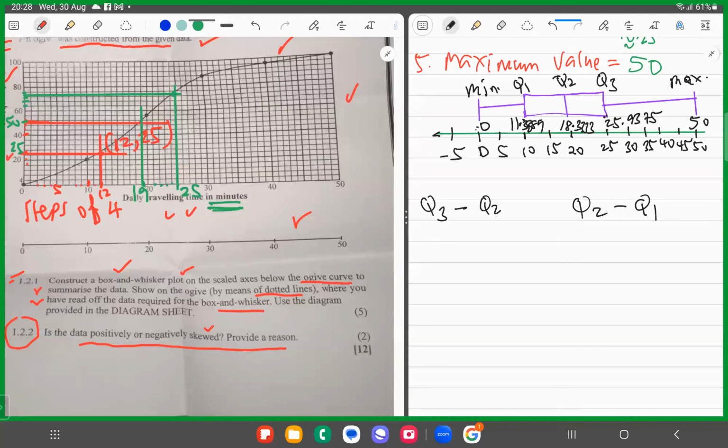Let's do this. Q3 is 25.9375 minus Q2, which is 18.3333. And Q2, which is 18.3333, minus Q1, which is 11.3889.